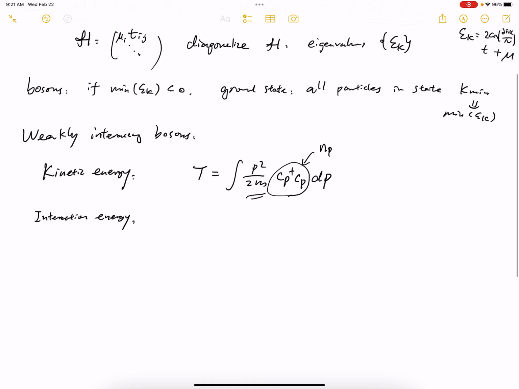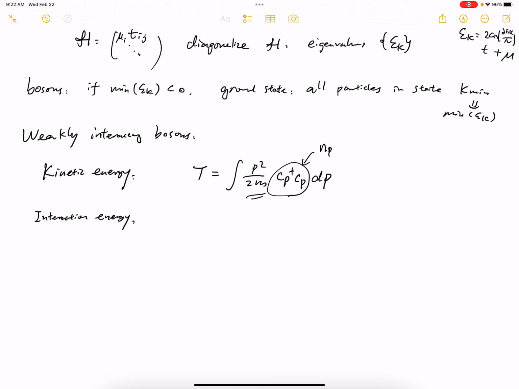Okay, so now let's talk about interaction energy. The basic interaction energy here is that even if these are bosonic atoms, they can actually be at the same position. But you will imagine that there's going to be a little bit of repulsion, because if these atoms are exactly on top of each other, then these atoms are also made of nucleus and electrons. The electrons are charged, right?